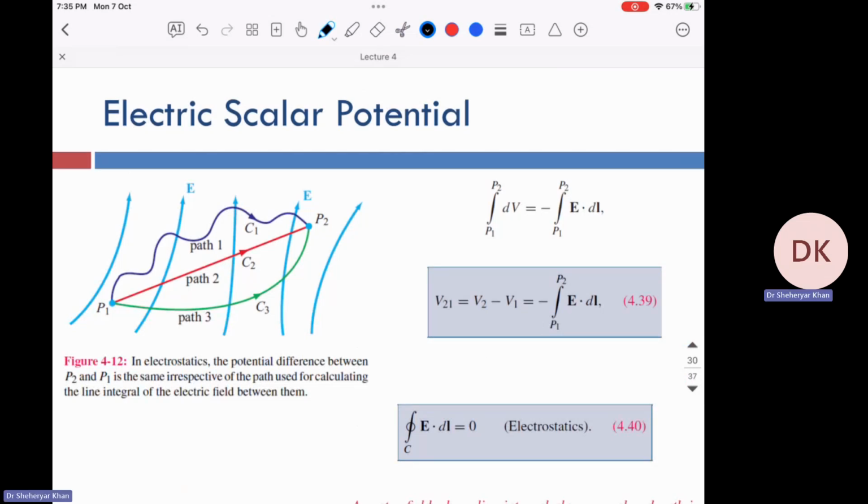Let's look at how we are actually converging toward more classical definitions of voltage and current in electric circuits. Now, can you see these blue lines? These are the electric field. What I'm trying to do is move from point P1 to P2 using path 1, path 2, and path 3.